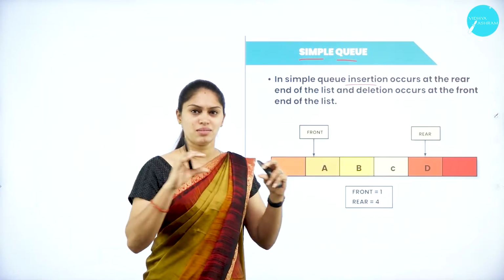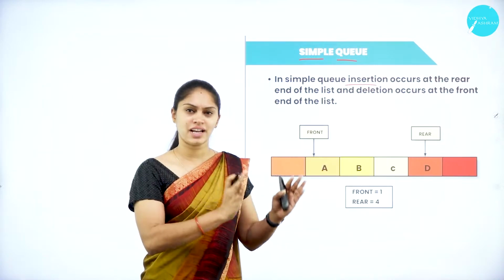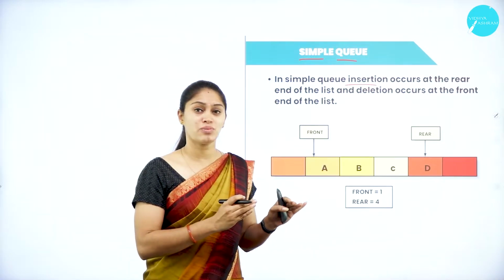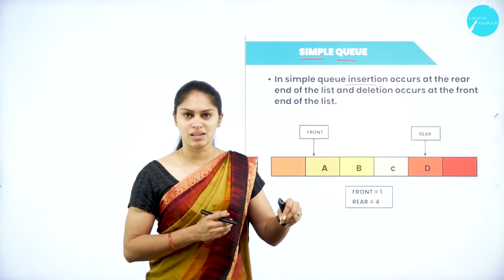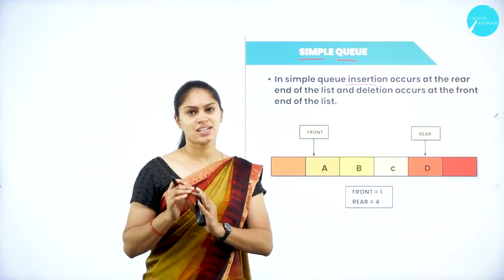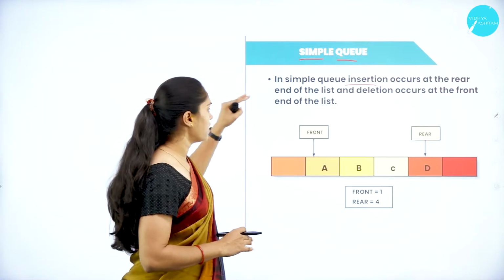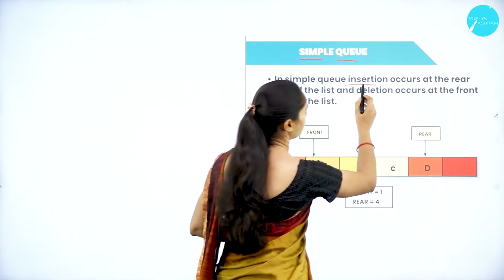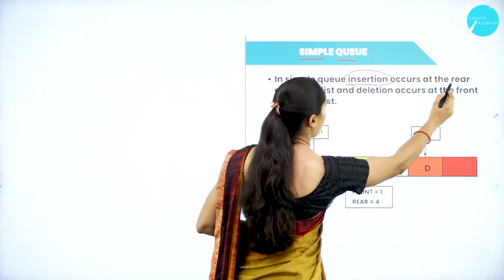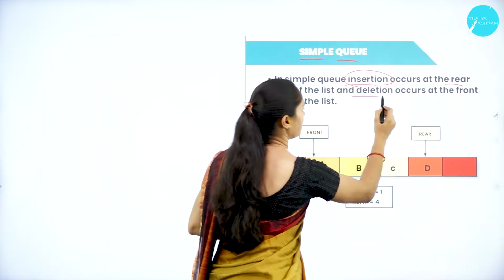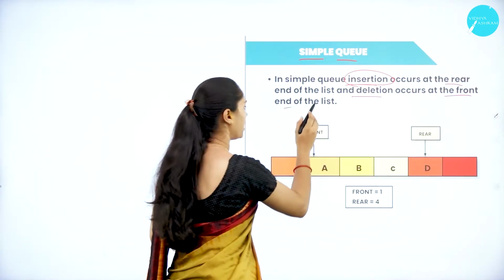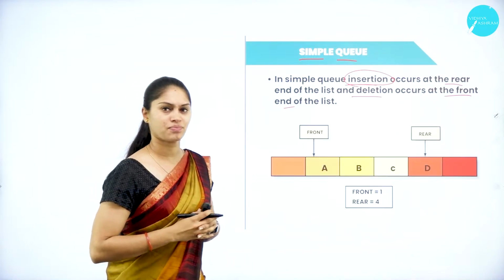Simple queue means only 2 ends, rear and front. The rear end is meant for inserting an element into the queue, and the front end is for deleting an element from the queue. So in a simple queue, insertion occurs at the rear end and deletion occurs at the front end of the list.